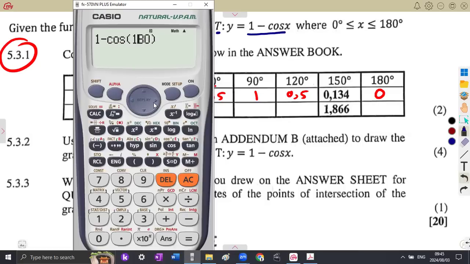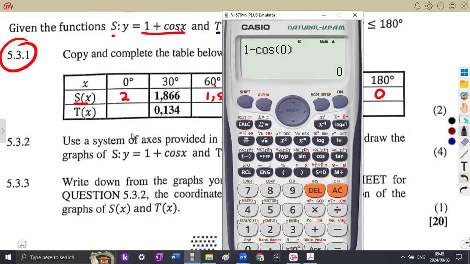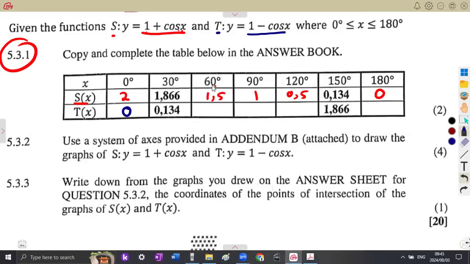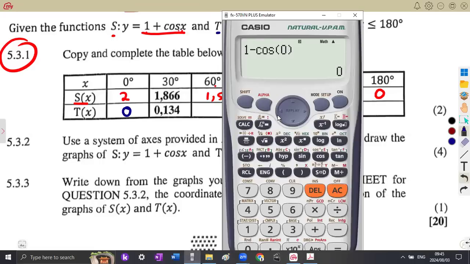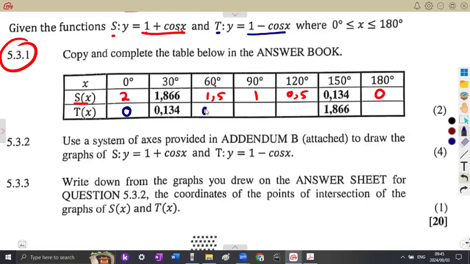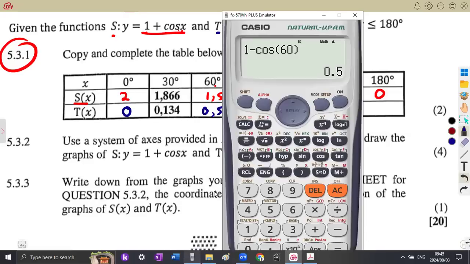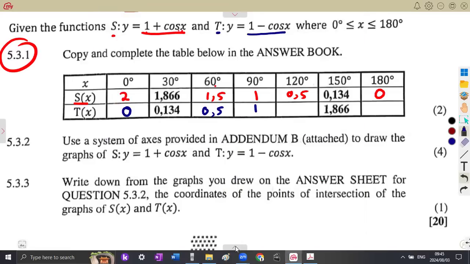All right, so let's start with a 0. The first angle that we are given, that's 0 degrees. So that's 1 minus cos 0, which is going to give us what? A 0 there. So the first one was going to give us a 0. We move on to 60 degrees. That will be 1 over 2, which is 0.5. 90 degrees was going to give us a 1.